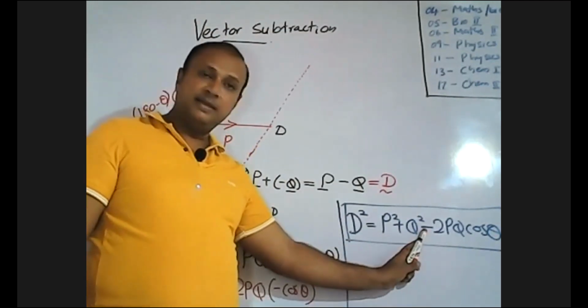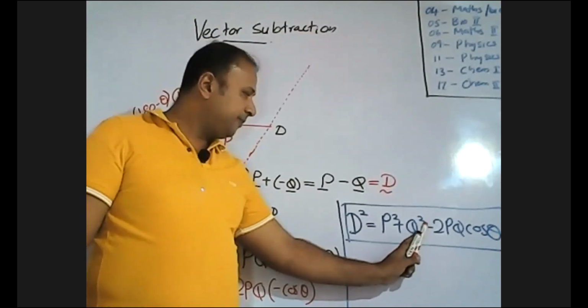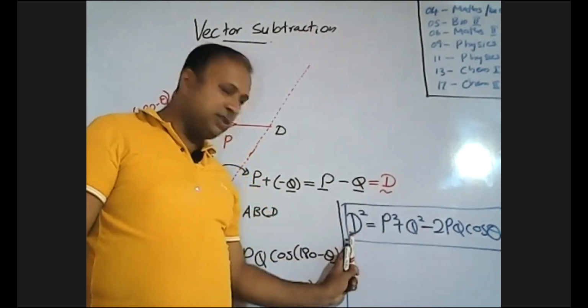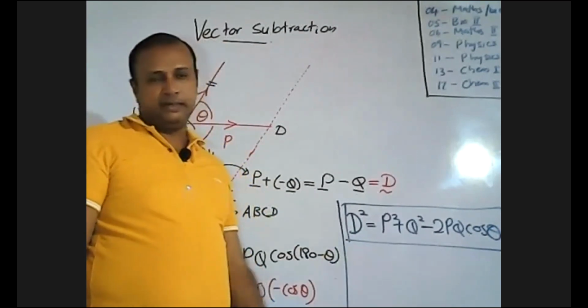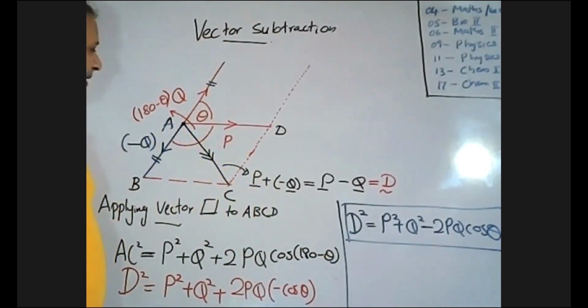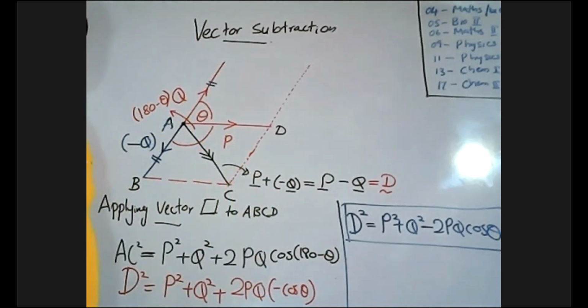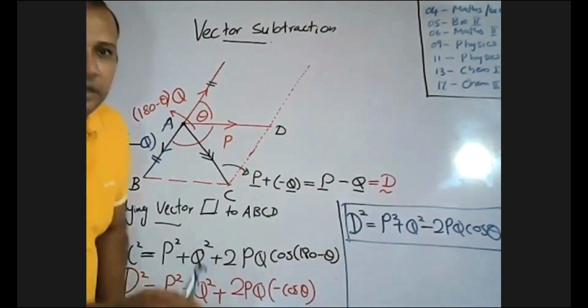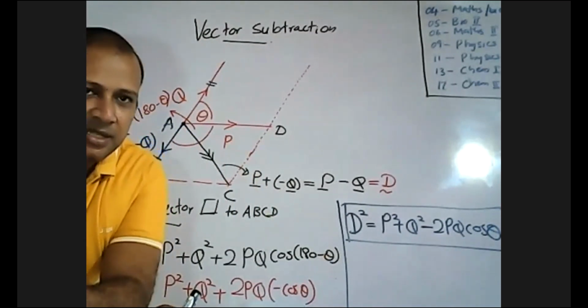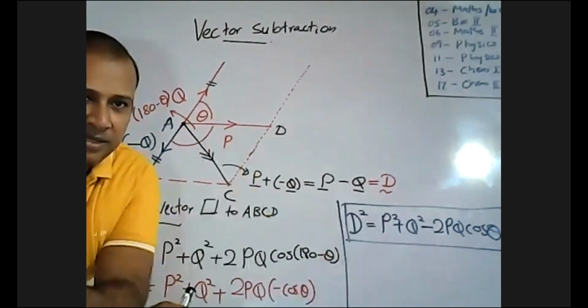The only difference is, if it is R squared, this will be plus. If it is D squared, this will be minus. Everyone, I need responses. Do you understand this?